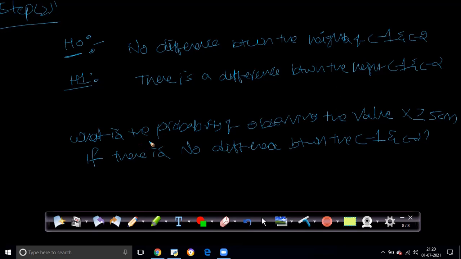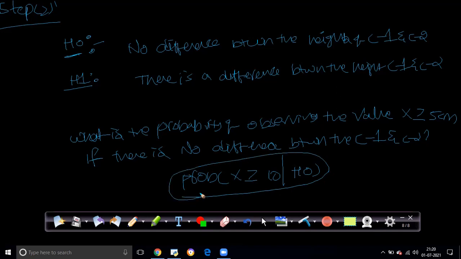We are trying to find the probability of observing the value of our test statistic x greater than or equal to 5 centimeters if there is no difference between class 1 and class 2. So it is simply the probability of x greater than or equal to 5 assuming our null hypothesis is true. Again, we are going to compute the probability of the observed difference of 5 centimeters assuming our null hypothesis is true.